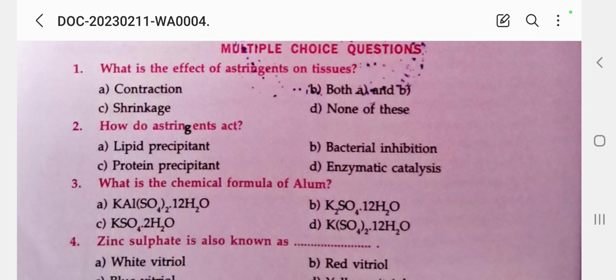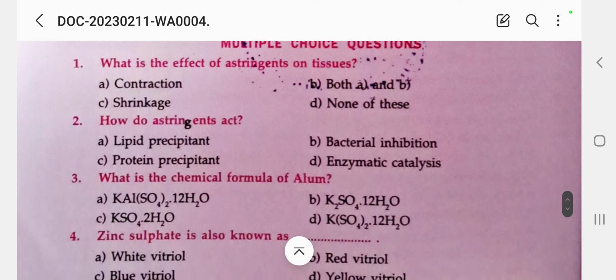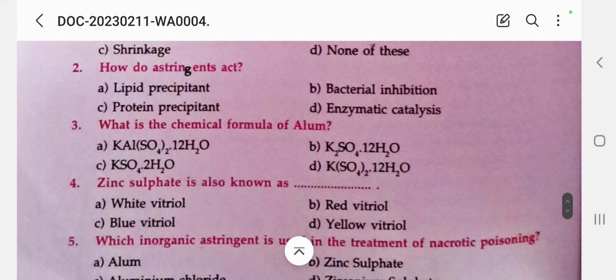What is the effect of astringents on tissues? As I already told you, astringents cause contraction and shrinkage of tissue, thereby drying secretion. Next, how do astringents act? Protein precipitation. What is the chemical formula of alum?